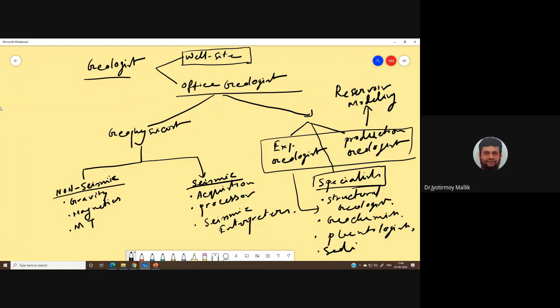They do hire geologists to become petrophysicists or reservoir engineers as well. The reason I'm telling you this is that this is still a very lucrative area for building your career upon, and there are plenty of opportunities which you can start to explore.